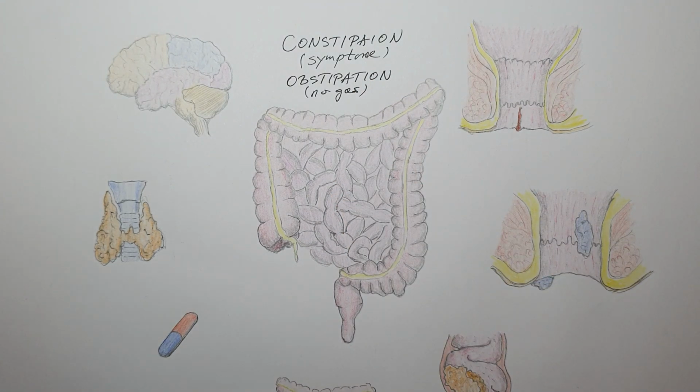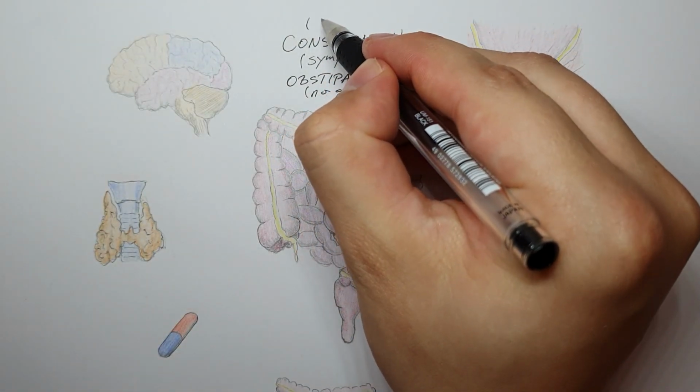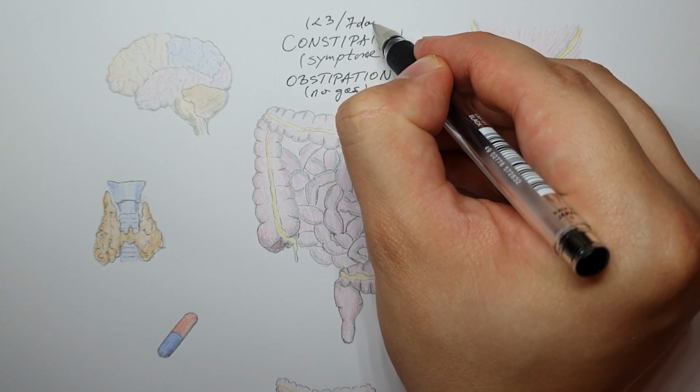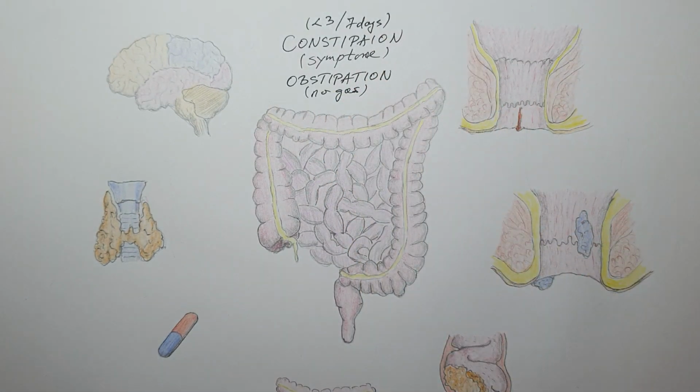So, constipation, what is its definition? It is defined as less than 3 stools in a week. So, in 7 days, we have less than 3 stools. But the definition is more complicated than this. There can be people that have 5 to 6 stools, but they are hard stools.